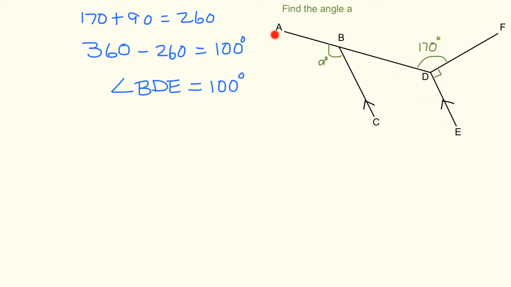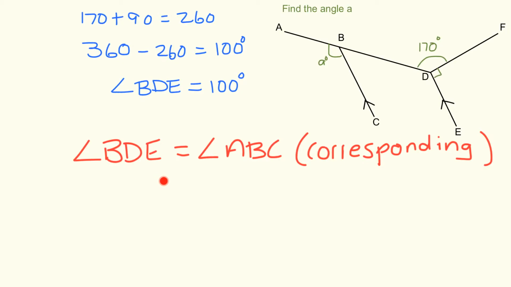BDE corresponds to ABC. Therefore this angle in here must equal angle A. So angle BDE equals angle ABC because they are corresponding angles. So quite simply, angle A must equal 100 degrees because of the corresponding angles. Problem solved.